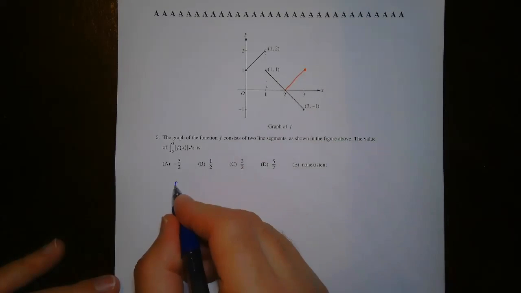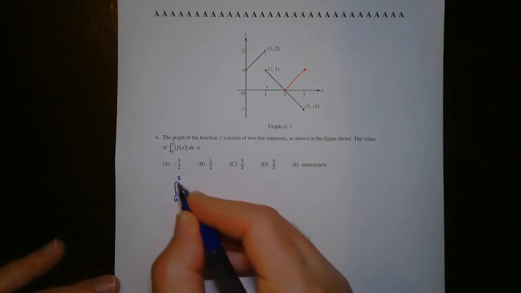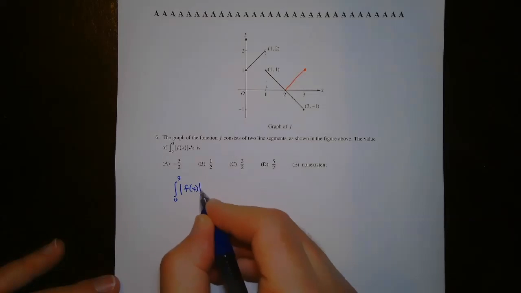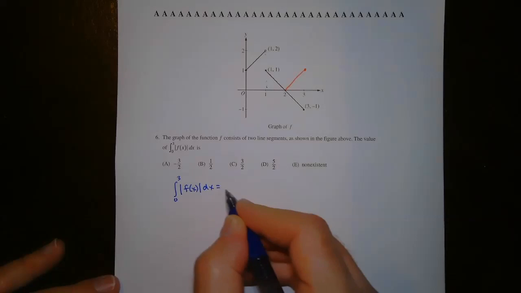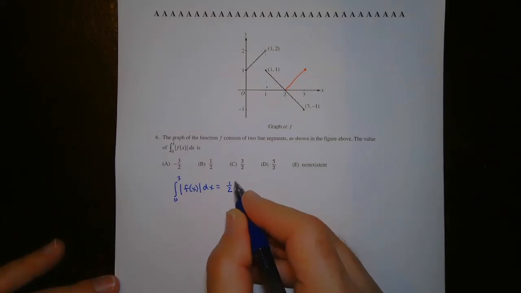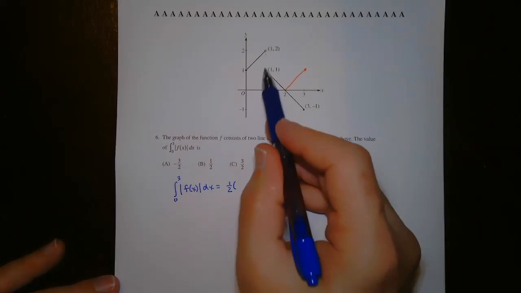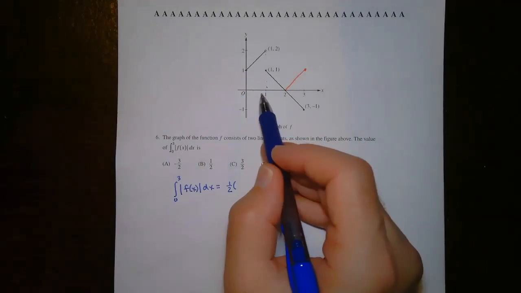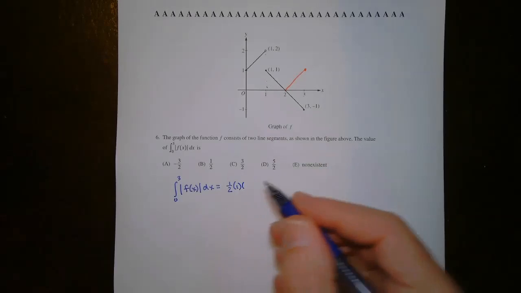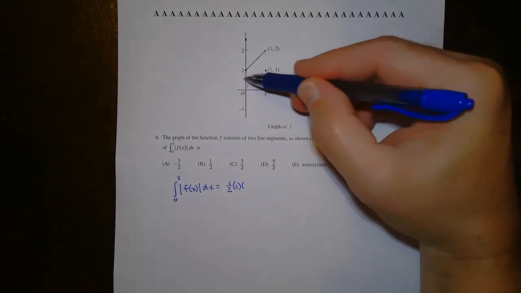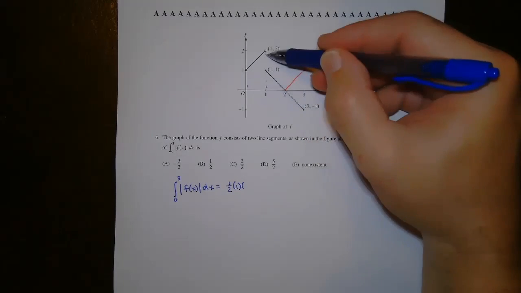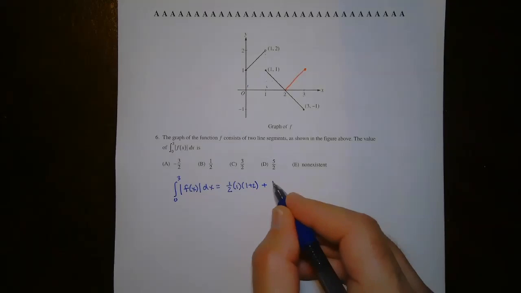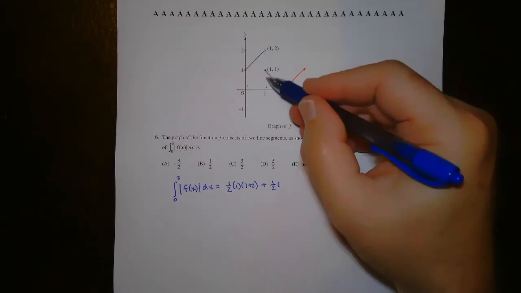So then the integral, and we'd want to write this because we have to show all of our work, okay? Absolute value of f of x dx would equal, okay, so 1/2 times the height. Remember, when the two bases are parallel like this and they're vertical, this is the height, right? So it'd be 1 times the sum of the two parallel bases, which would be 1 and 2. So that'd be 1 plus 2, and then plus 1/2, and I'm getting this triangle right here.